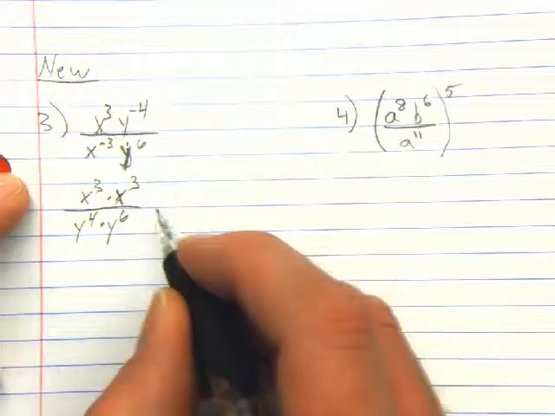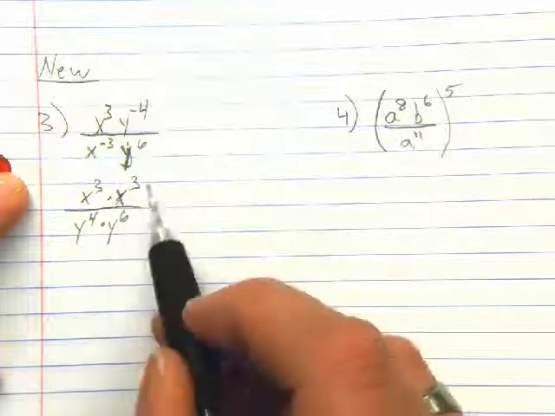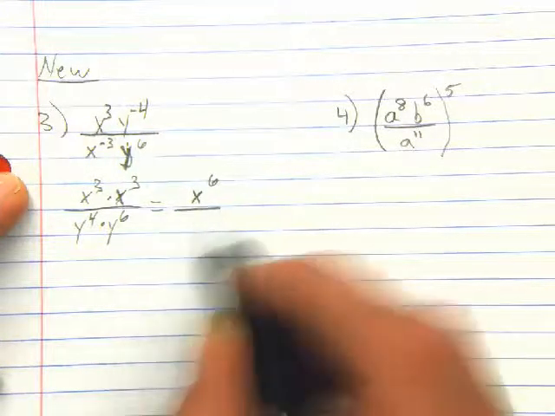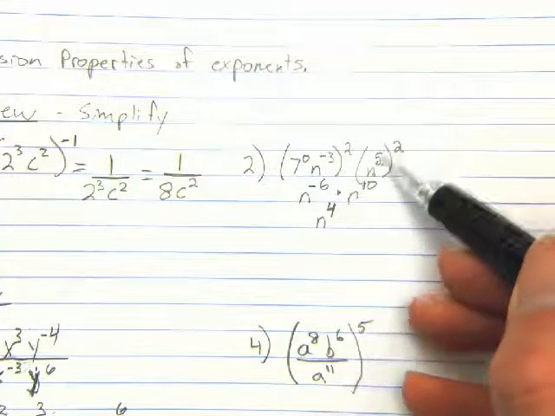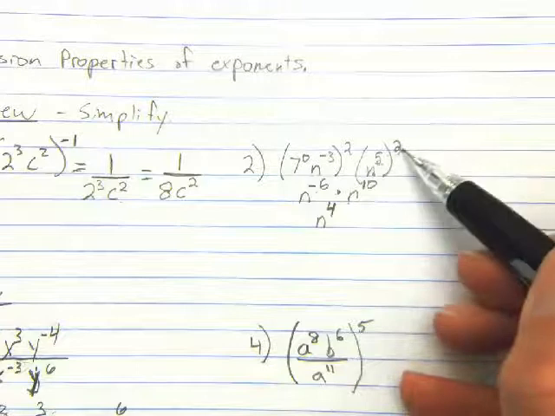And now it's just a matter of simplifying it further. I have 3 x's up top and another 3 x's up top. So I'm going to add those. It's going to be 6 x's. But Mr. Mock, don't I multiply those? No. Remember, we only multiply when it's this scenario, n to the 5th to the 2nd power, because you're doing it twice.